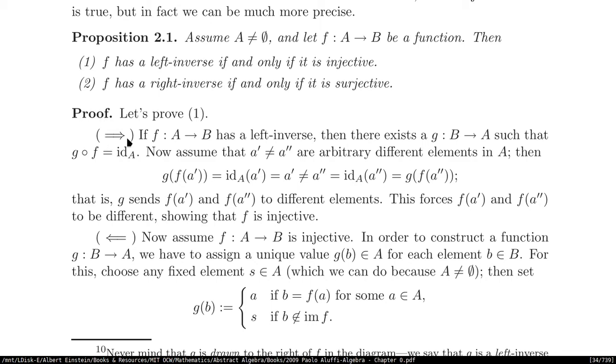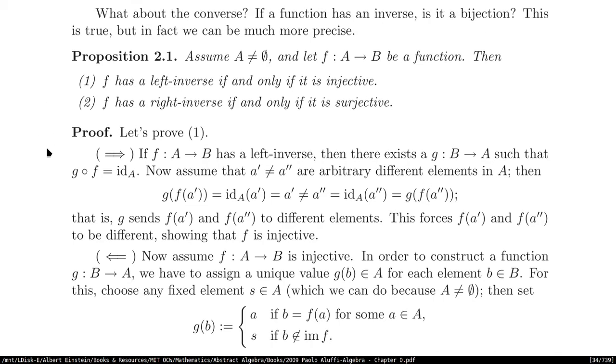The first direction is the implication from having a left inverse to being injective. If f has a left inverse, then there exists a g from B to A such that g circ f gives you the identity on A, right? That's what we just defined here.